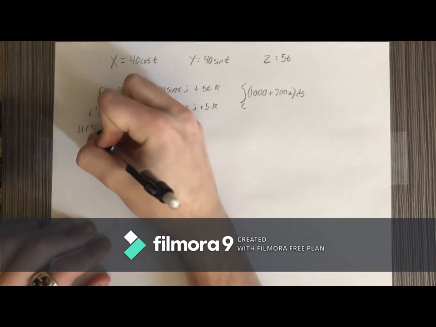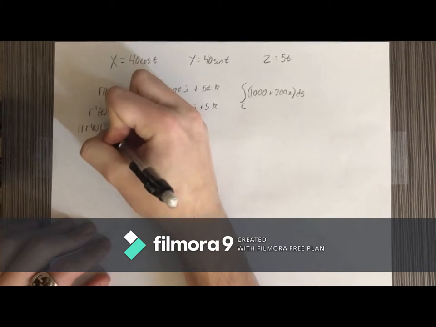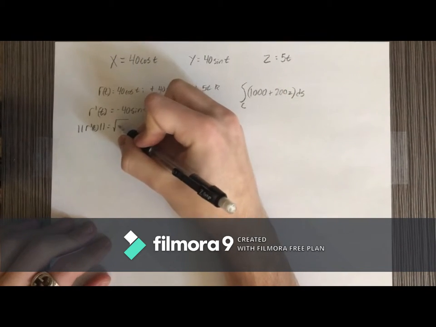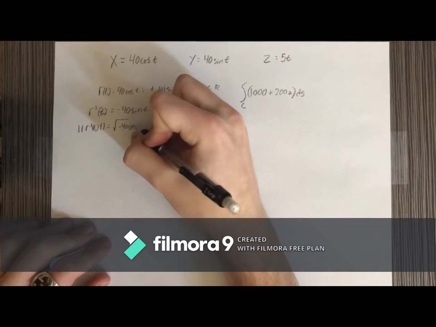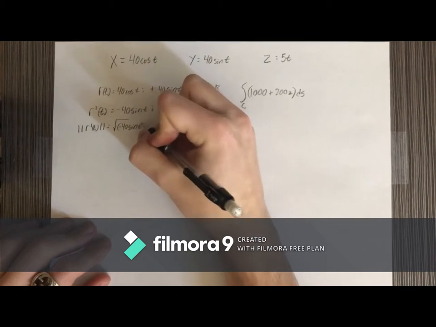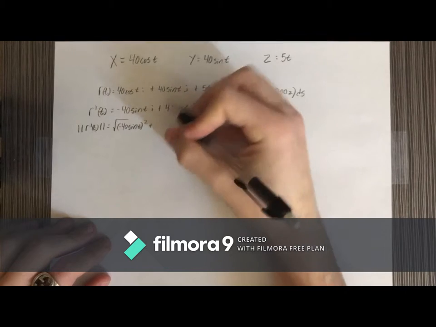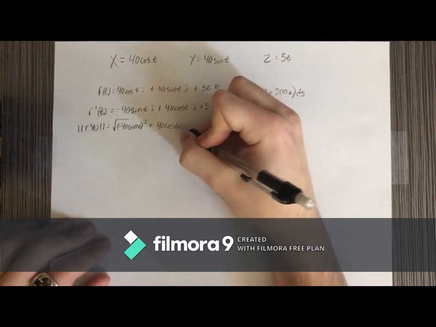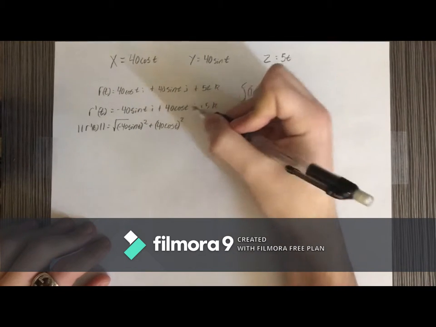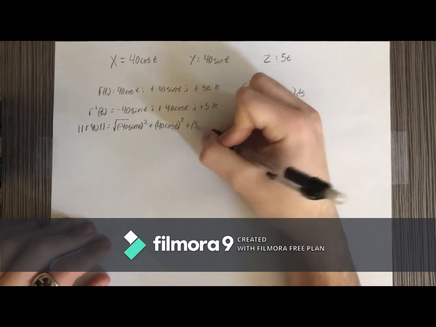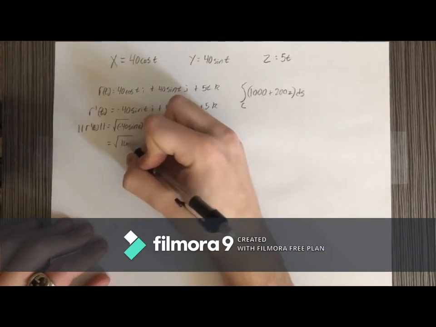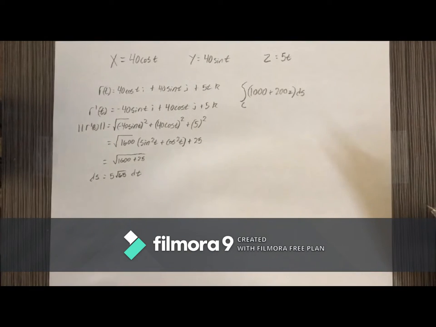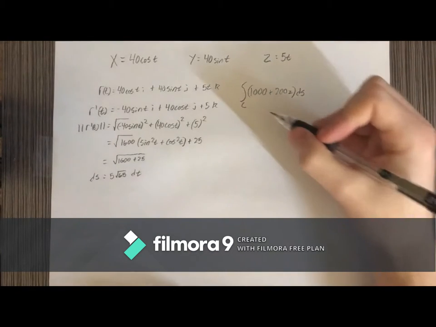To find the magnitude of r prime of t, we must take the square root of the sum of the squares, meaning we have the square root of (negative 40 sine of t) squared plus (40 cosine of t) squared plus 5 squared. This simplifies down to ds equals 5 square root of 65 dt.